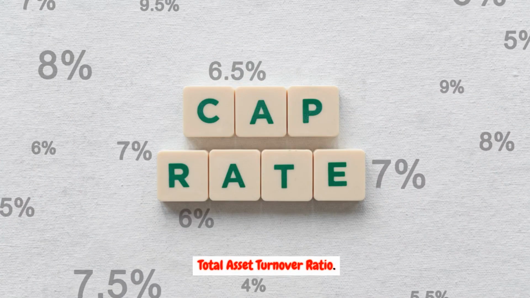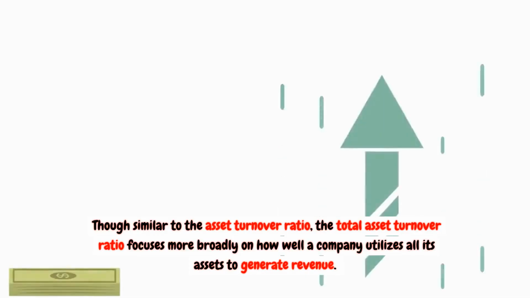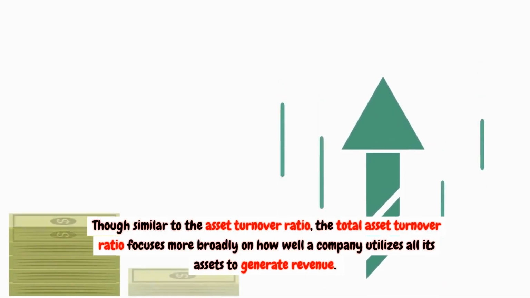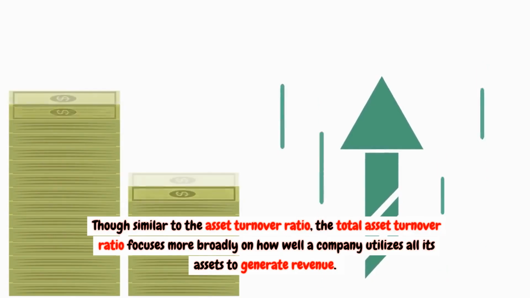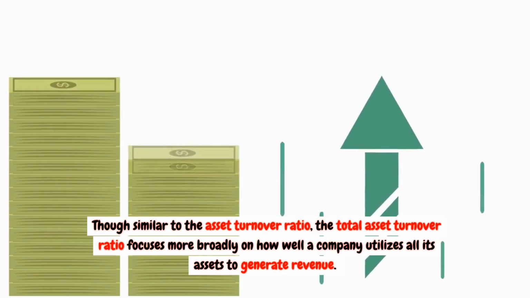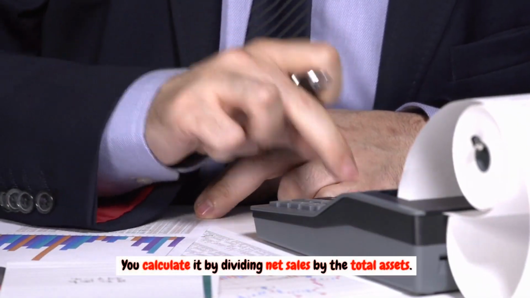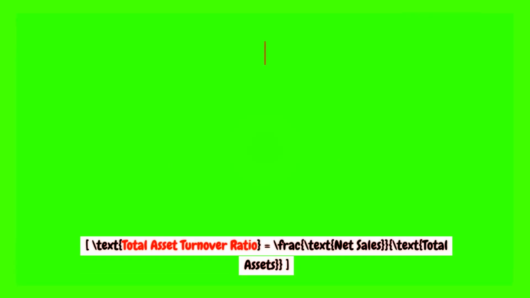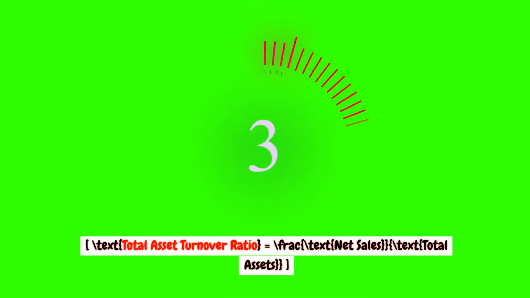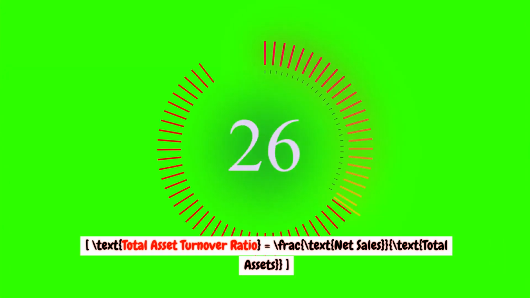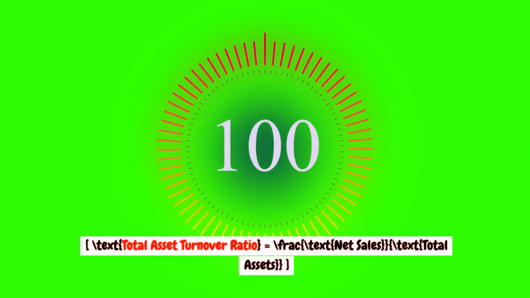Total asset turnover ratio. Though similar to the asset turnover ratio, the total asset turnover ratio focuses more broadly on how well a company utilizes all its assets to generate revenue. You calculate it by dividing net sales by the total assets. Total asset turnover ratio equals net sales divided by total assets.